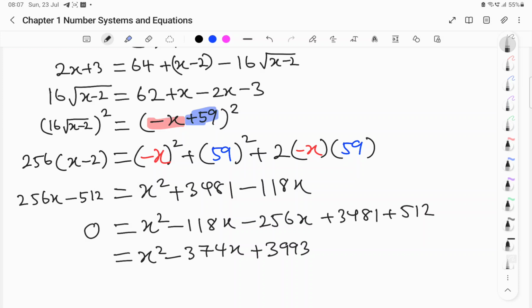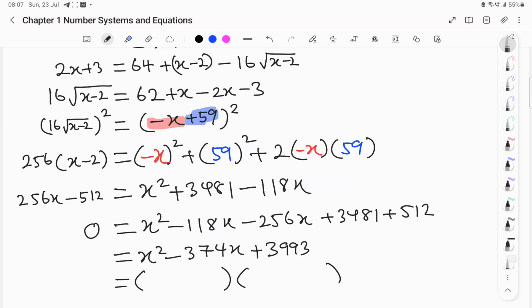Actually, I'm using my laptop to find the quadratic factorization. This one is quadratic, so we are going to find the factorization. So coefficient of a is 1, coefficient of b is minus 374, and then 3993.